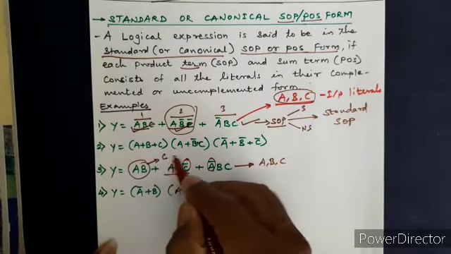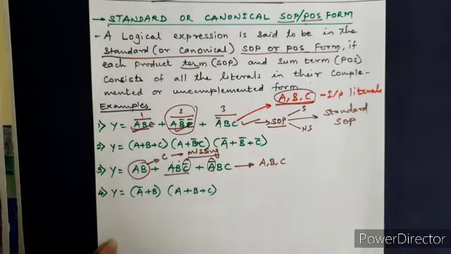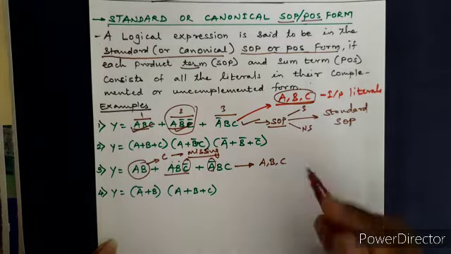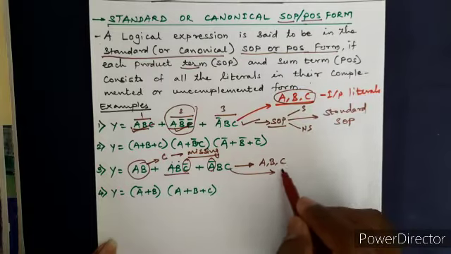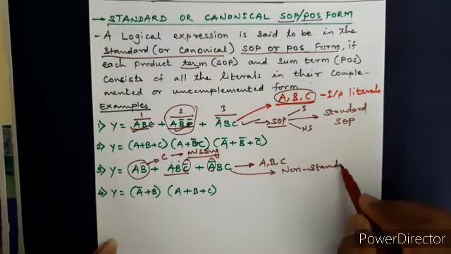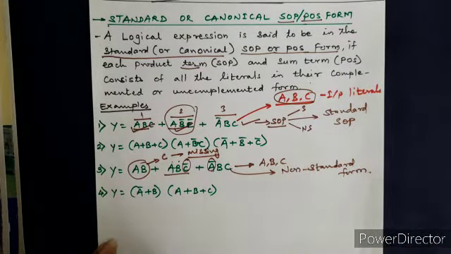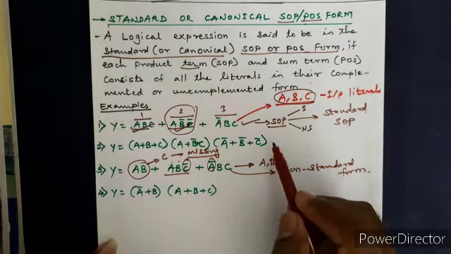So here C is missing, right? So this equation is in non-standard form, right?